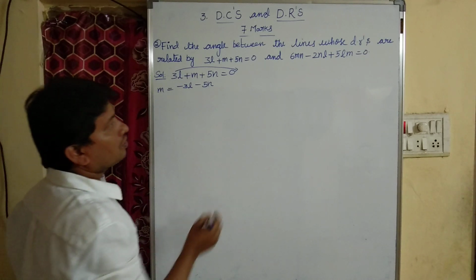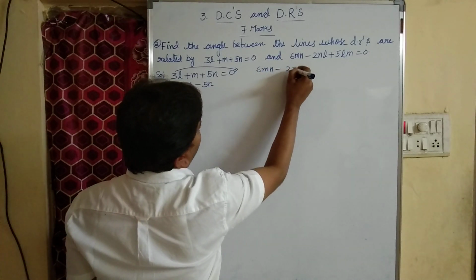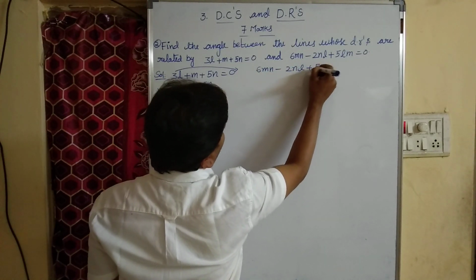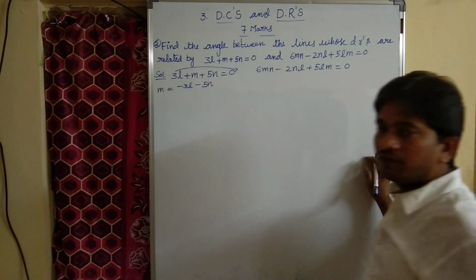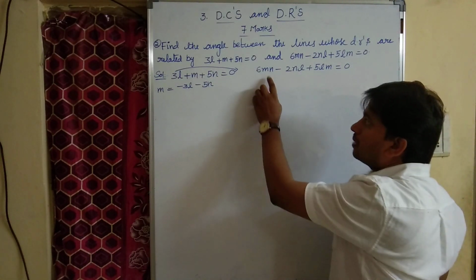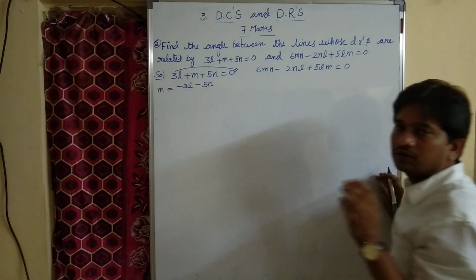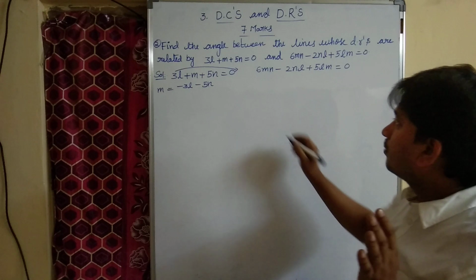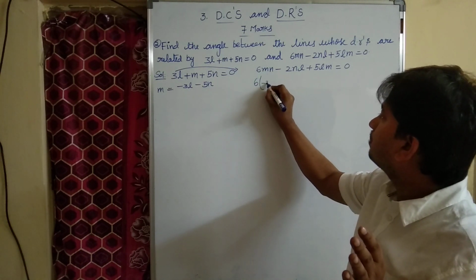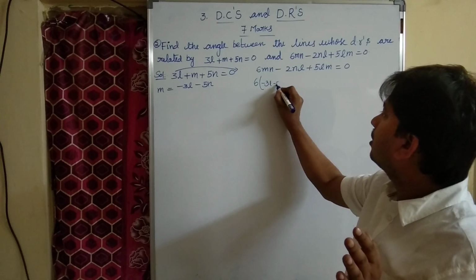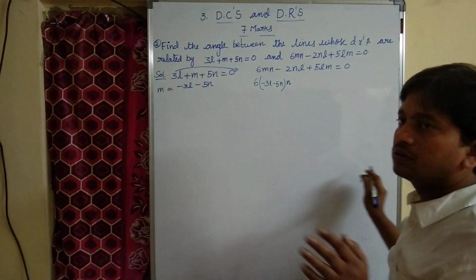Okay. Now coming to second equation, 6Mn minus 2NL plus 5LM equal to 0. Now what we need to do, in the place of m, we have to substitute minus 3l minus 5n. Children, are you understanding? Wherever we have m, in the place of m, we have to substitute minus 3l minus 5n, into n, already we have n children.